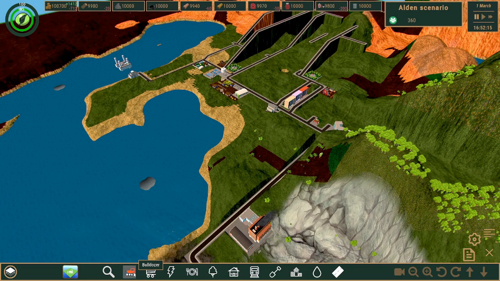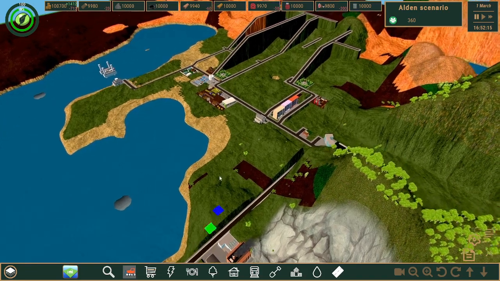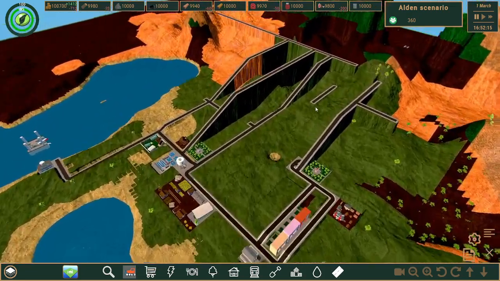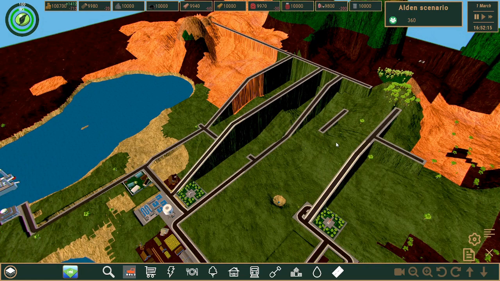And we have a bulldozer which allows us to destroy some part of our town. Like for example, I'm not happy with the road which is here, so I'm going to bulldoze it. But if I want to bulldoze something and also go back to how the terrain was in the first place, I can just click again on the bulldozer, and you see it switches between the normal bulldozer and the green bulldozer.